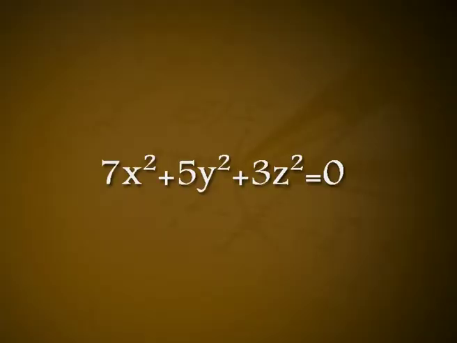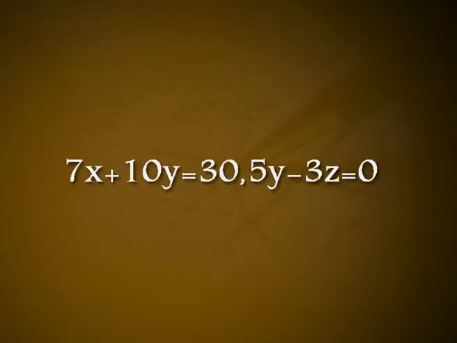Example 3. Find the equation of the tangent planes to 7x square plus 5y square plus 3z square is equal to 60, which pass through the line 7x plus 10y is equal to 30, 5y minus 3z is equal to 0. Solution.